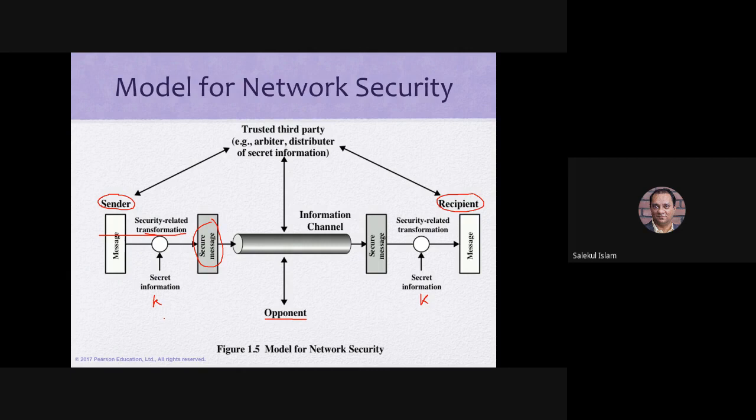Using that transformation or encryption algorithm and the secret information, you convert the message to a secure message. Now, the opponent can capture this secure message, but cannot understand its content or meaning. Why? Because the opponent does not know this specific key.